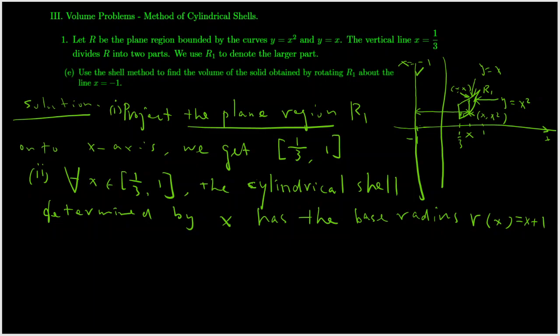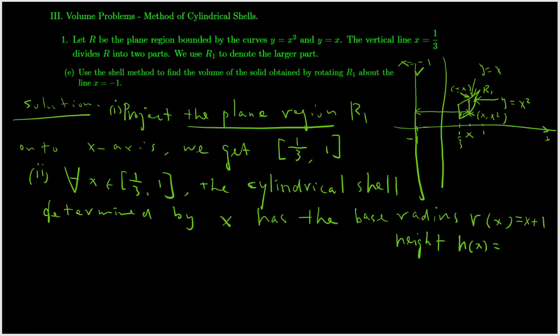I hope the picture is not too messy, but now we are going to identify the height. I'm going to use h of x to denote the height. Anybody want to tell me the height? Look at that little line segment. The y coordinate of this point is x squared. The y coordinate of this point is x. So the height is x minus x squared.